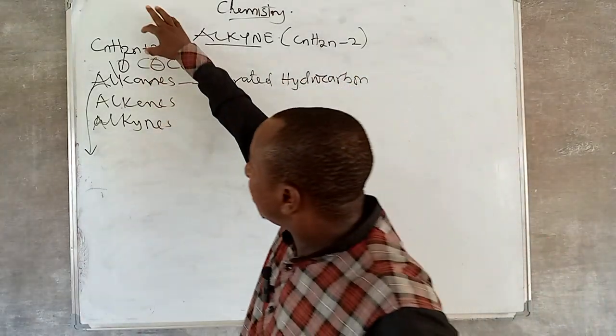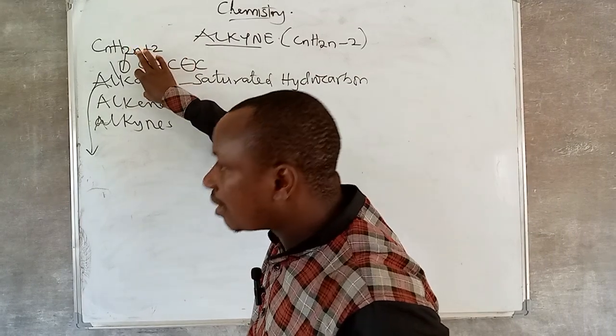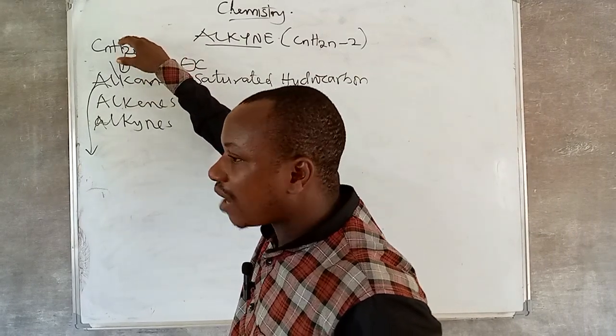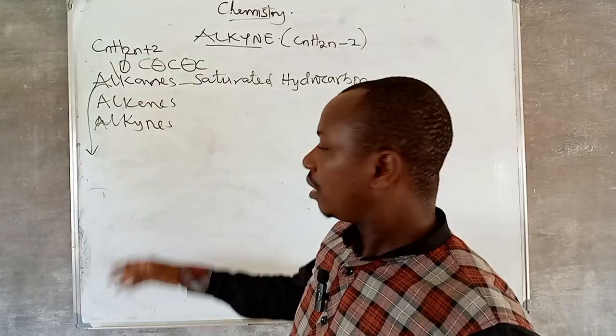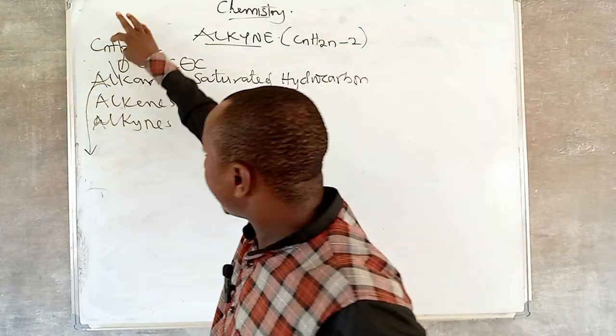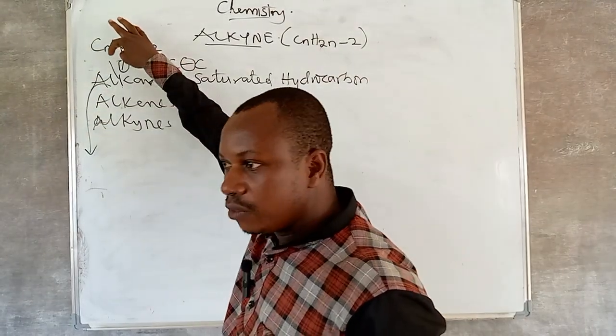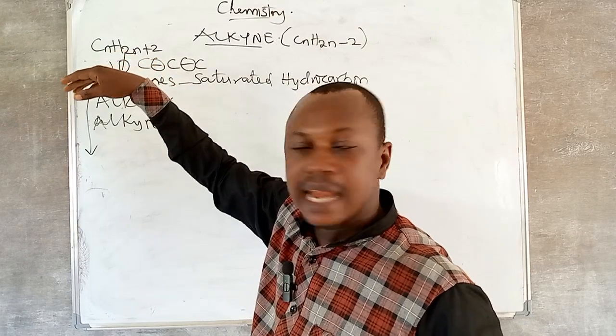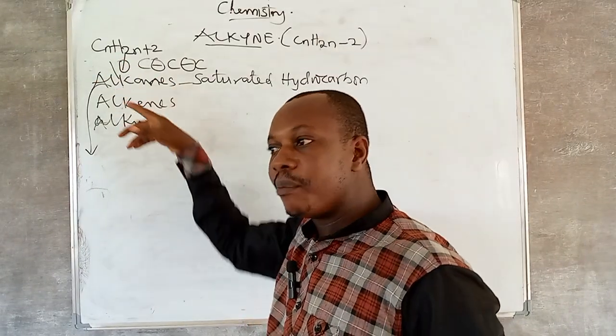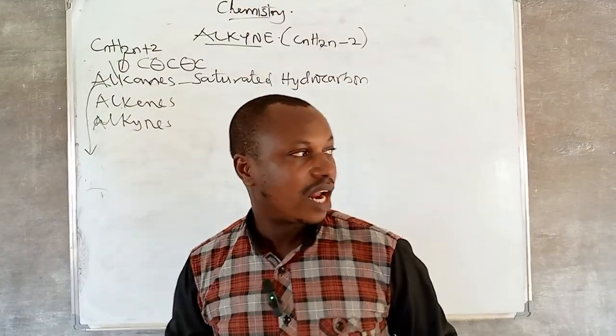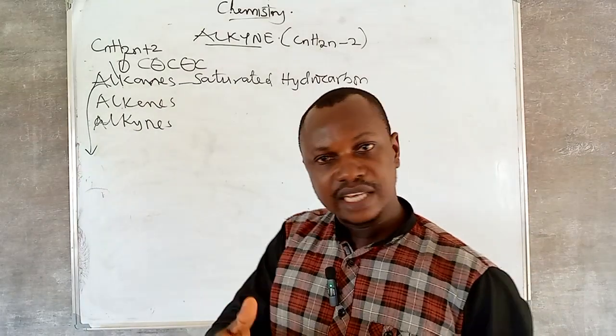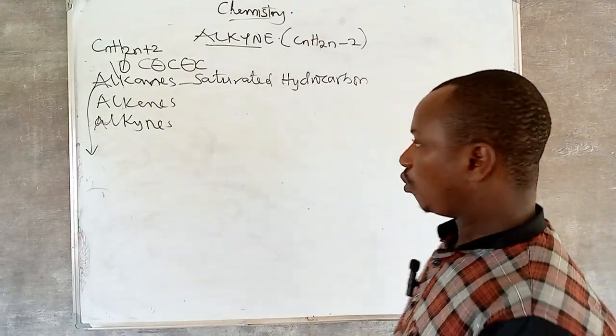You put n equal to 1 to get the first member, which is methane. When you put n equal to 2, you get the second member, which is ethane, and so on and so forth. The video is there for you to watch again.